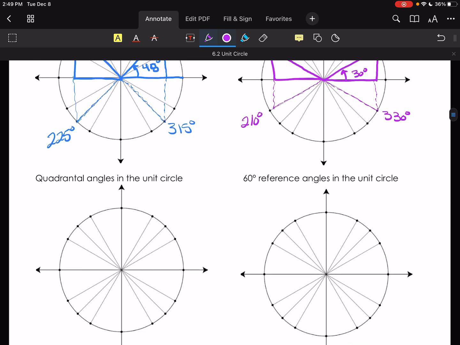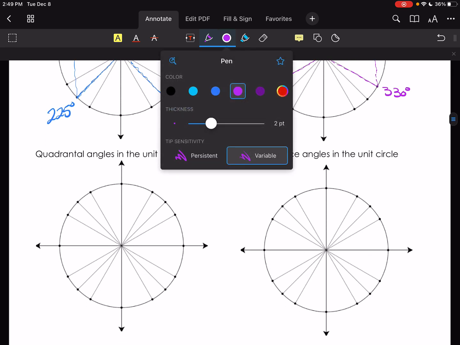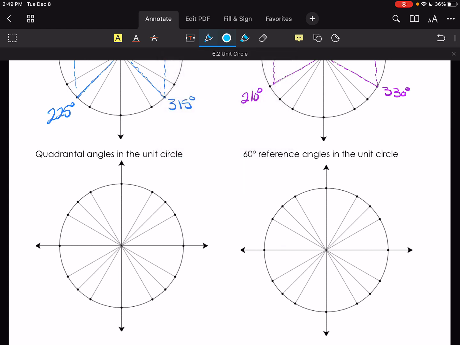We're going to do the 60-degree reference angle next. And the 60-degree reference angles are the angle measures closest to the y-axis. So that would be this guy here. So closest to the y-axis.